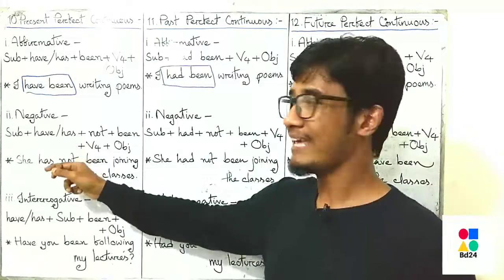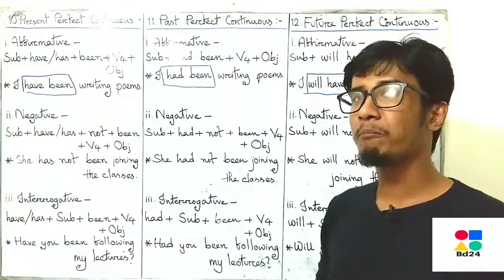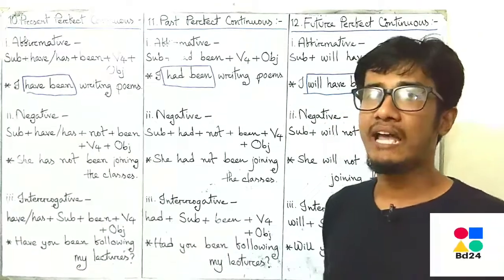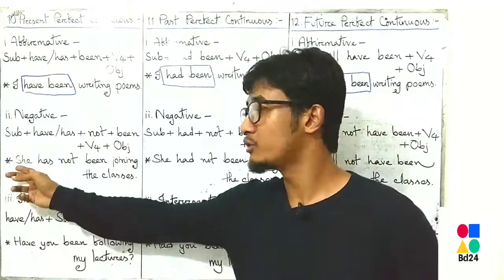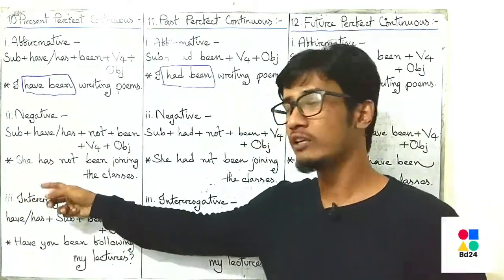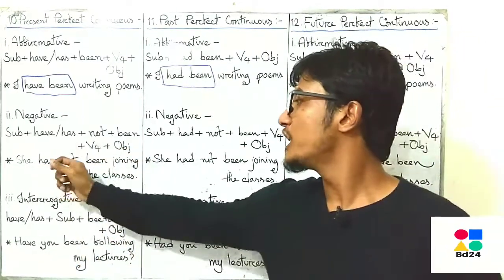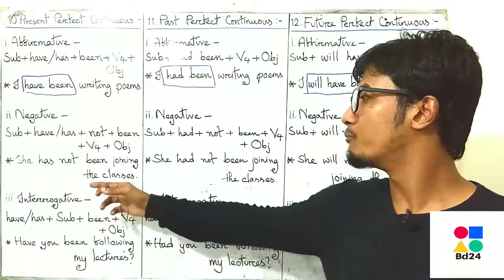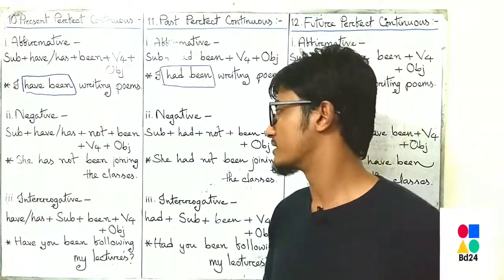Subject have or has, then not, then been, plus V4, verb plus ing, and finally an object. So the example here is subject she has not. She has not, then been, then verb plus ing, joining. She has not been joining, then object, the classes. She has not been joining the classes.